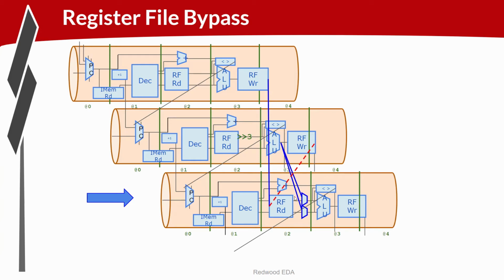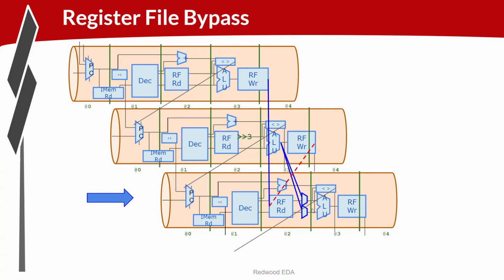And we do have time, looking at the timing here, to bypass the value out of the previous instruction's ALU result into the ALU for this instruction. So we're going to create this path that bypasses the register file in the case where we're writing the register in the previous instruction that we need for this instruction. Okay, so this is called register bypass.